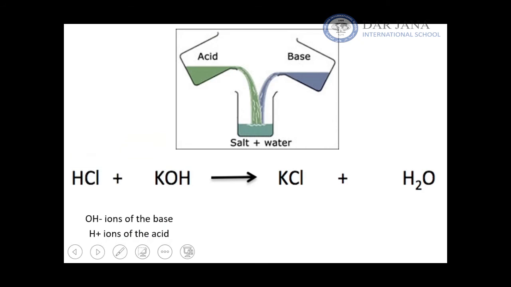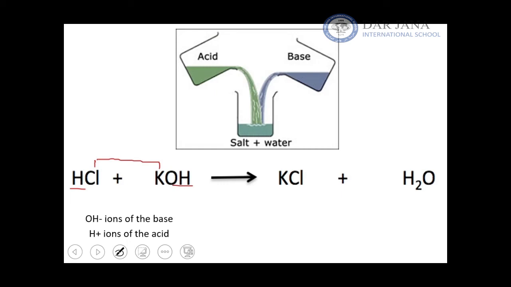So one example of neutralization: if you take HCl, which is hydrogen chloride, plus KOH, you have hydrogen in the first place here and OH in the second place. What happens is that the near element will combine with the nearest one.